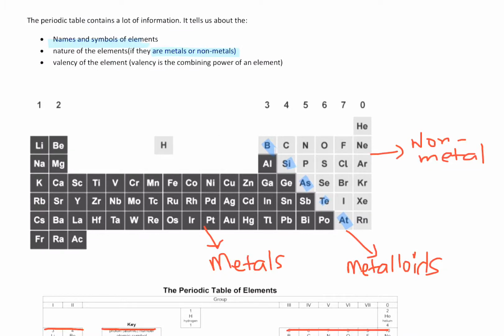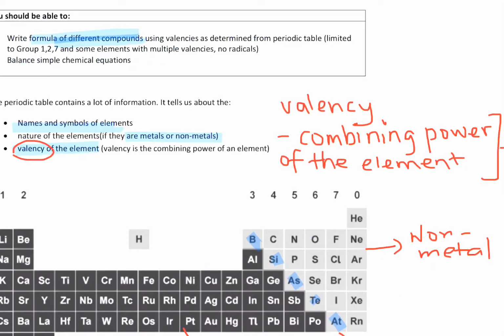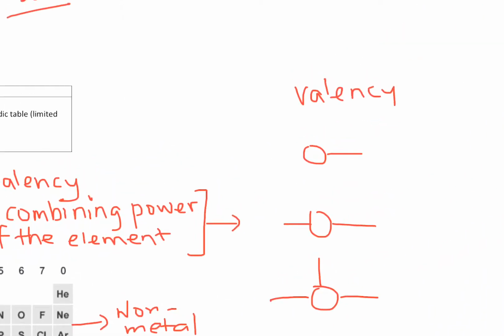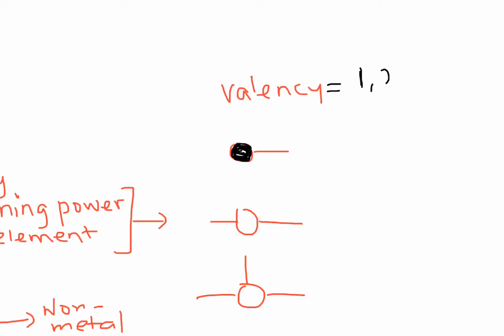And valency of elements is something we can find from the periodic table. Valency is the combining power of the element. What does that mean? Here I'm representing the elements as circles. Valency is a number, so you can have valency 1, 2, 3, or 4. Up to your level, you'll have just up to 4.